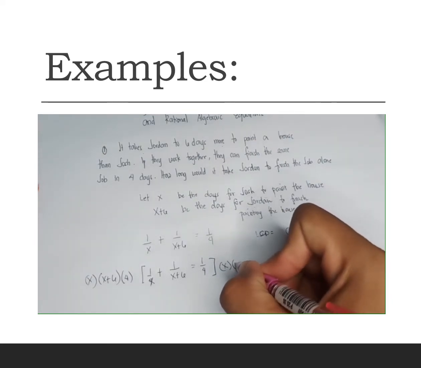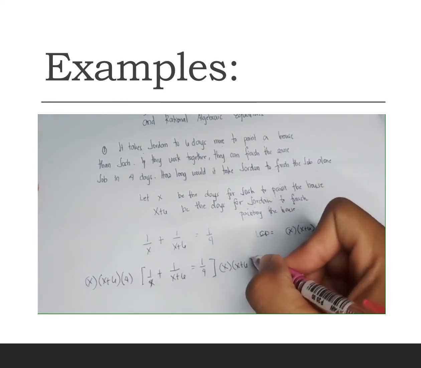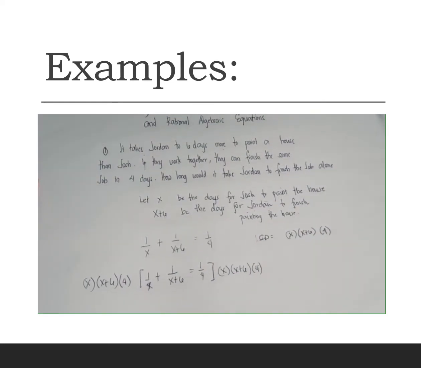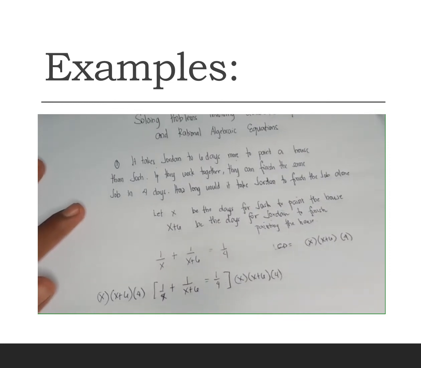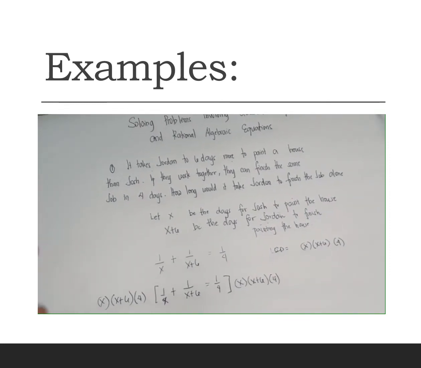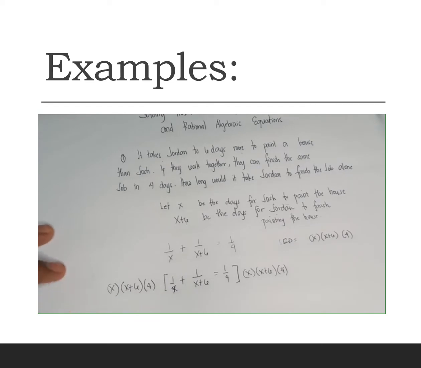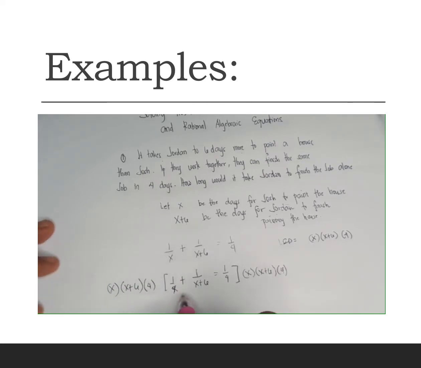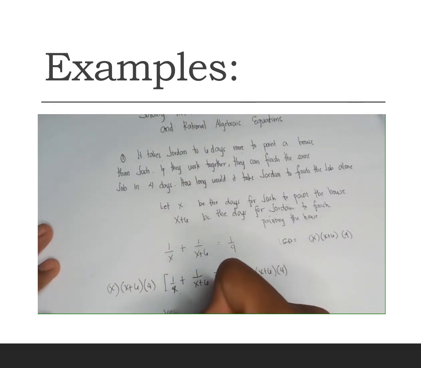So let's try to simplify. X plus 6, 4 multiplied by 1 over x. The x cancels with the x. What remains is x plus 6 times 4, which is to be multiplied to 1. So we have x plus 6, 4.